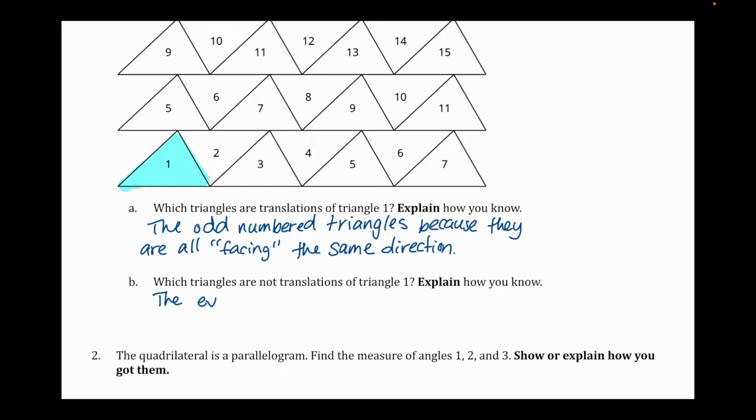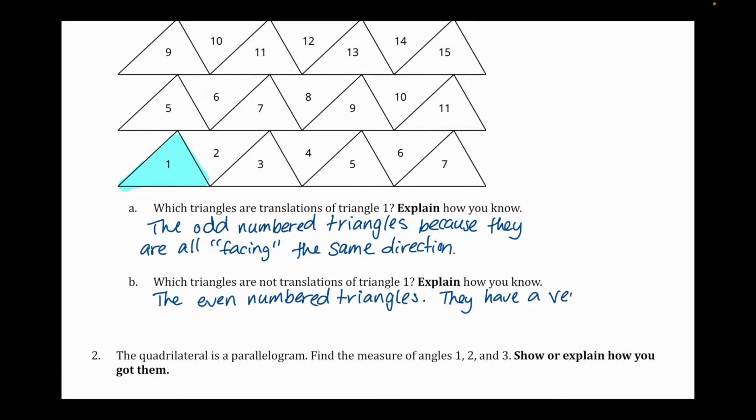The even ones. And we can basically say because they're facing a different direction, but we can say they have a vertex instead of a point. Point doesn't make sense.